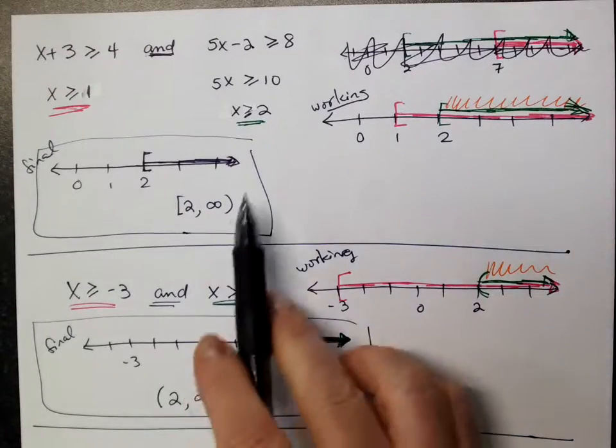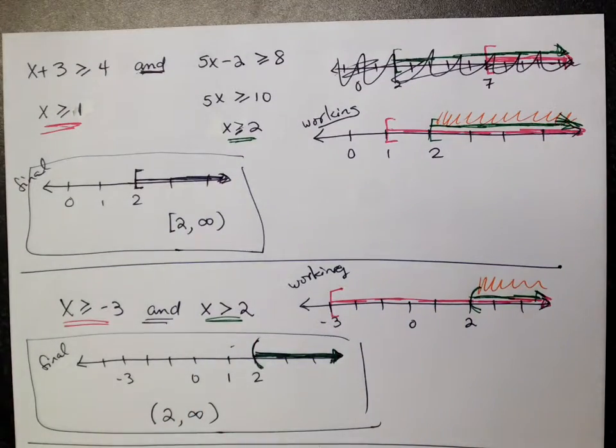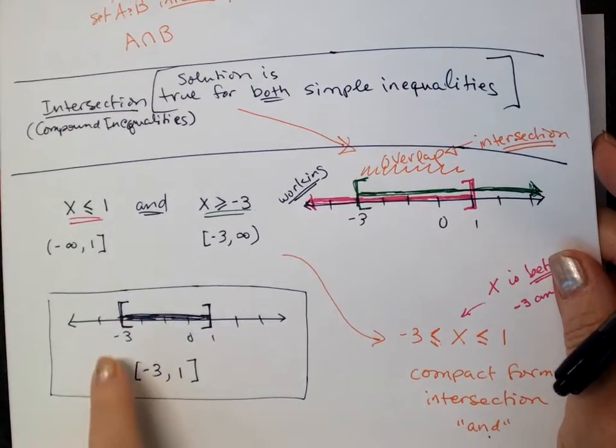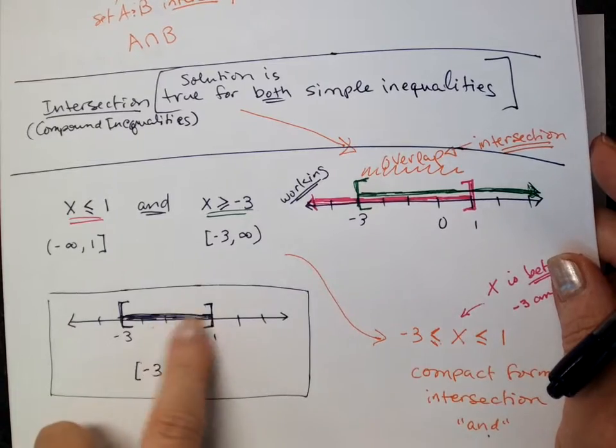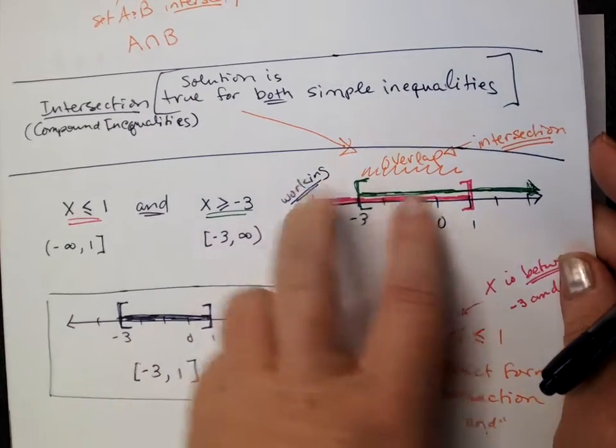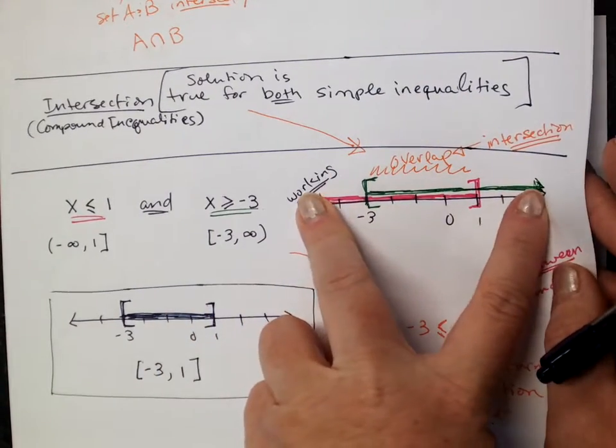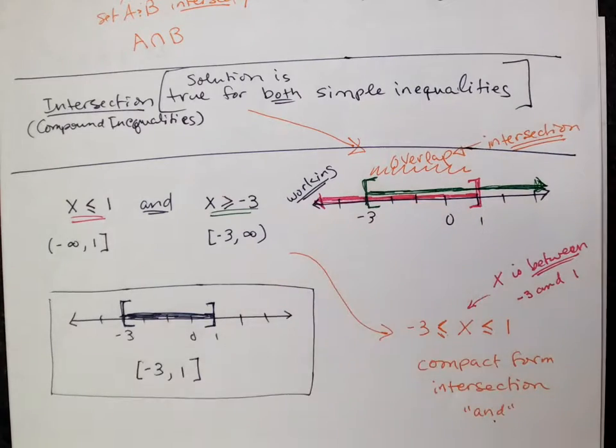So these are examples of ones that aren't just that chunk of the number line. These actually involve infinity. The prior examples did not involve infinity. It had a number that was a left boundary and a number that was a right boundary, and it was that chunk of the number line, everything in between. While the individual ones went off to infinity, the overlap was stuck between two numbers.